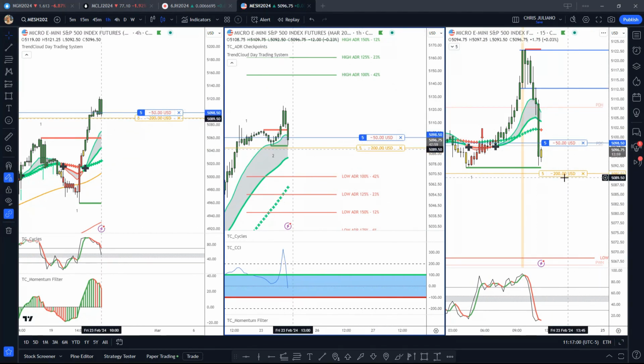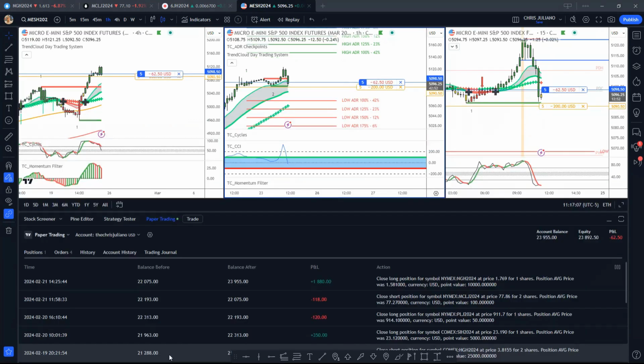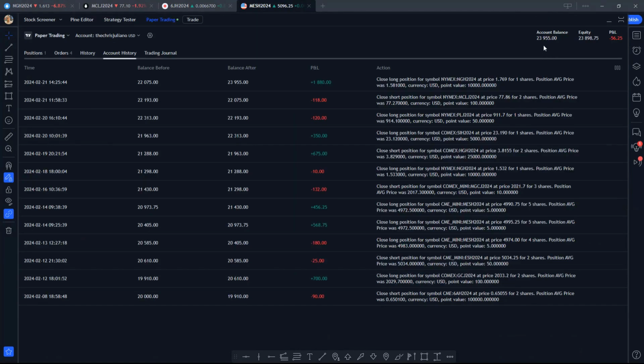If it doesn't, it's fine, because we're risking less than 1% of our total current account value, in which we made close to $4,000 in the last 3 weeks. So small loss, big win, tiny loss, big win, and so on. Almost $4,000 within the last 3 weeks.